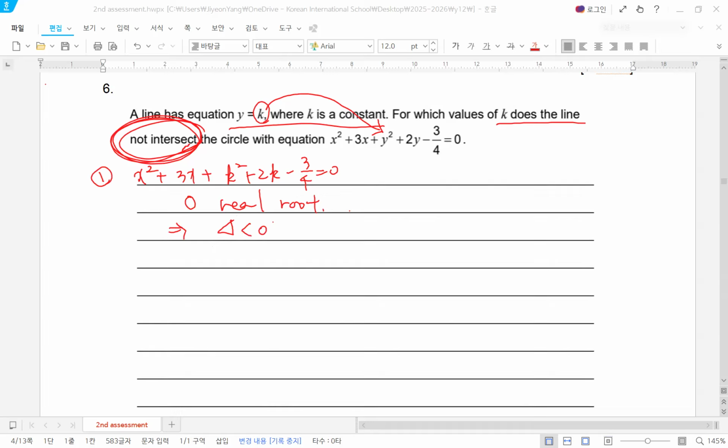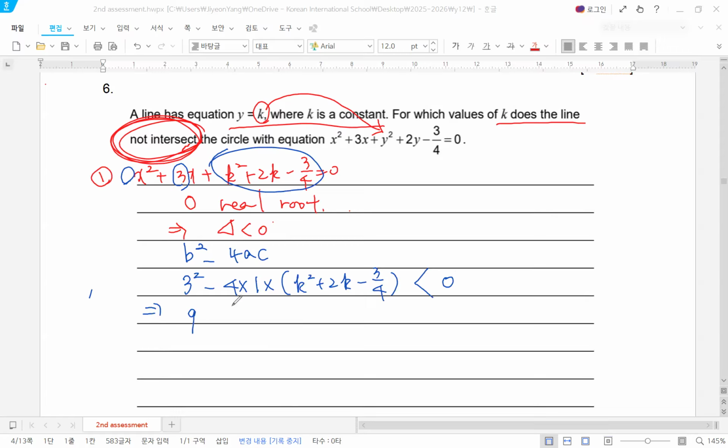Let's find the discriminant. What is the formula of the discriminant? b squared minus 4ac. The value of b here is 3, so 3 squared minus 4 times the value of a, which is 1, and c is this chunk, k squared plus 2k minus 3/4, is less than 0.